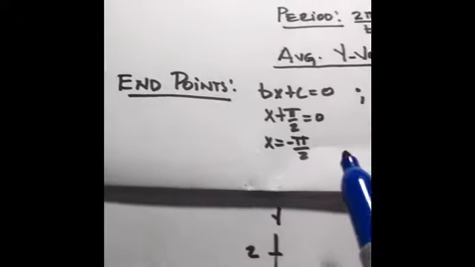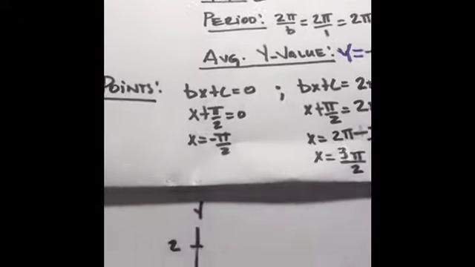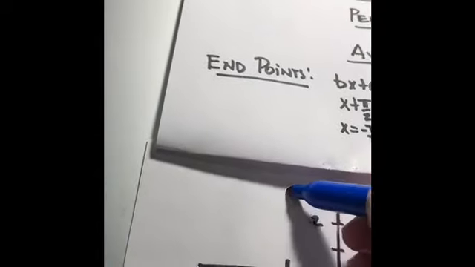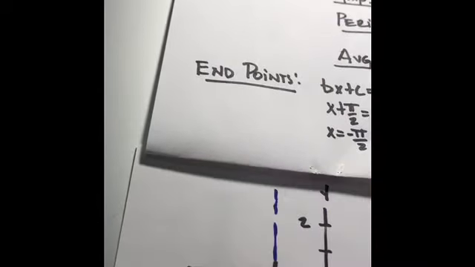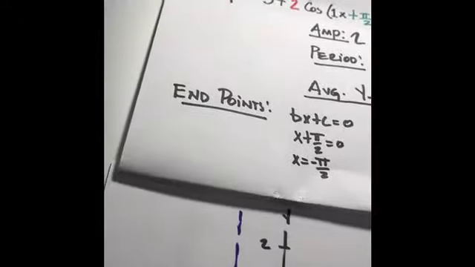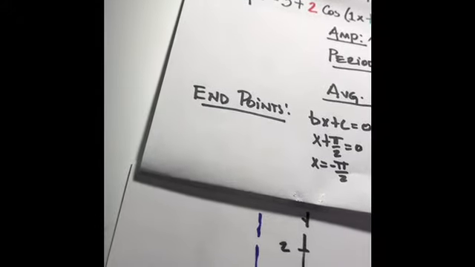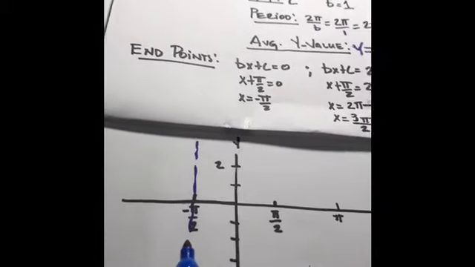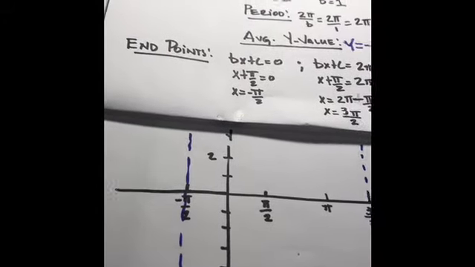My endpoints were negative pi over 2 and 3 pi over 2. So negative pi over 2 is right here. Remember that I have to start making my box. And the other part is 3 pi over 2.